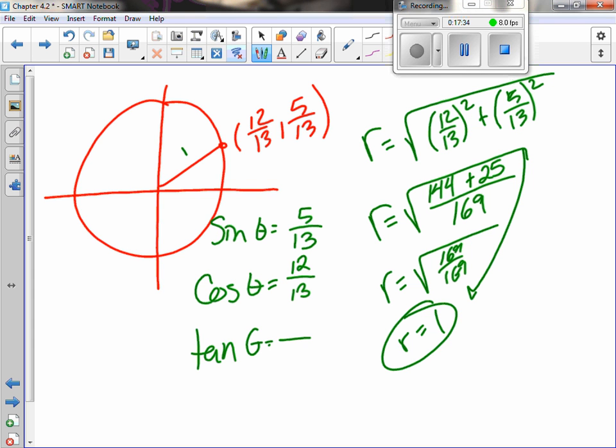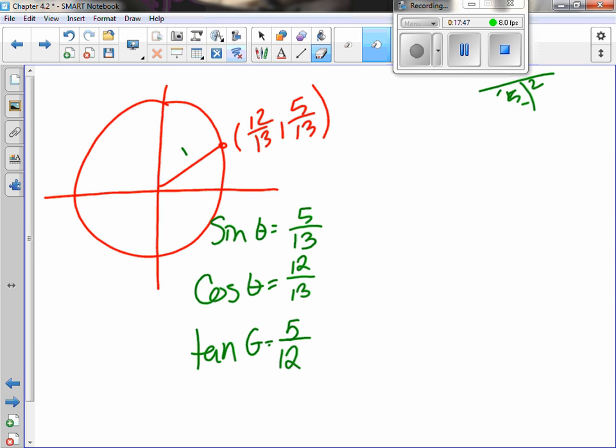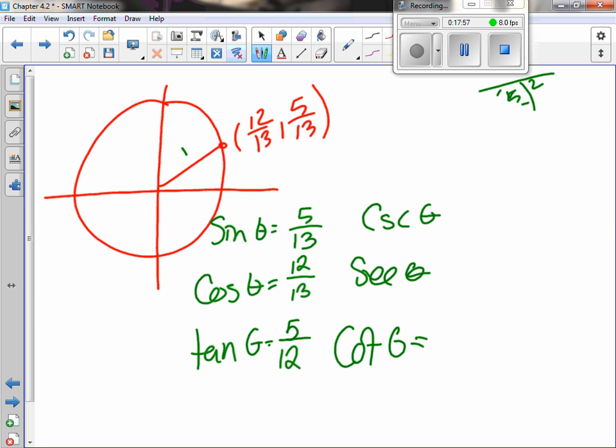Now tangent theta is going to be sine over cosine, 5/13 over 12/13, which will actually work out to be 5/12. And you can plug that in. I'd plug that into the calculator, it'll tell you. Now these here, secant, cosecant, and cotangent, are actually going to be pretty easy for this here, because I'm flipping this.